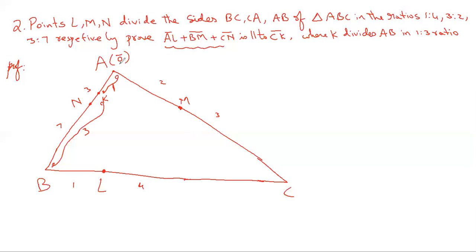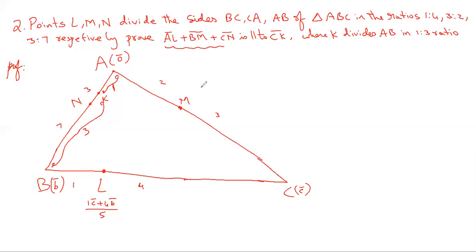So A with respect to origin becomes 0 bar. B is basically AB bar, because A is origin. So the position vector of B with respect to A will be AB bar, and the position vector of C with respect to A will be AC bar. For convenience, we are representing them as B bar and C bar. Automatically, you will get all these vectors. L bar divides in the ratio 1:4, so it is 1C bar plus 4B bar, by 5.